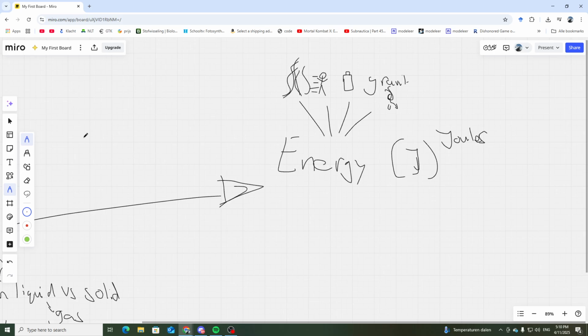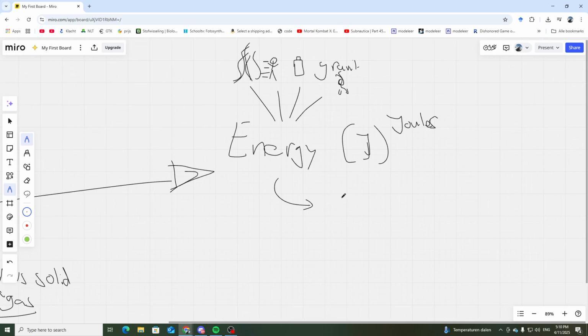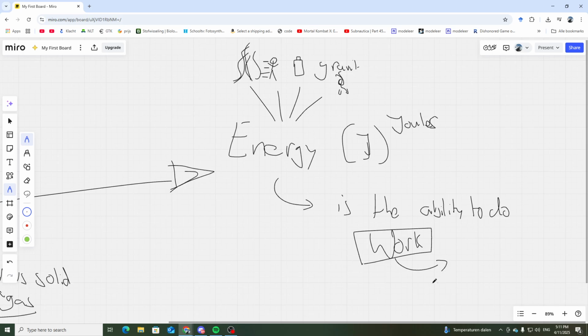What do we need to know further about energy? How can we give a definition to this? At least what we do and how it's done in the book is that energy is the ability to do work. And what is work precisely? It is to enact any kind of change.